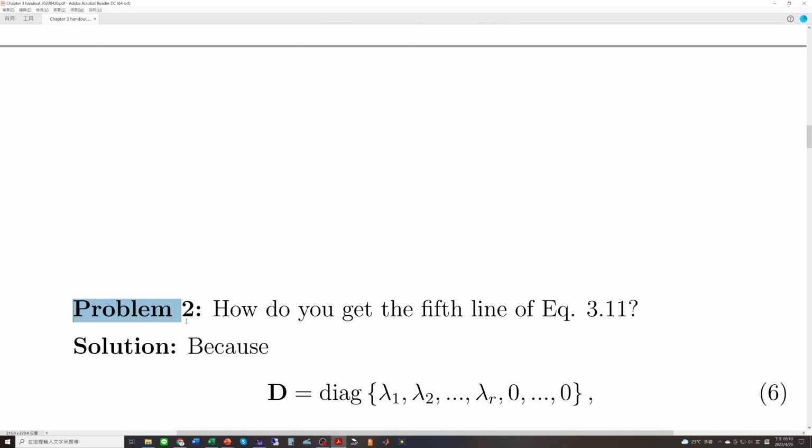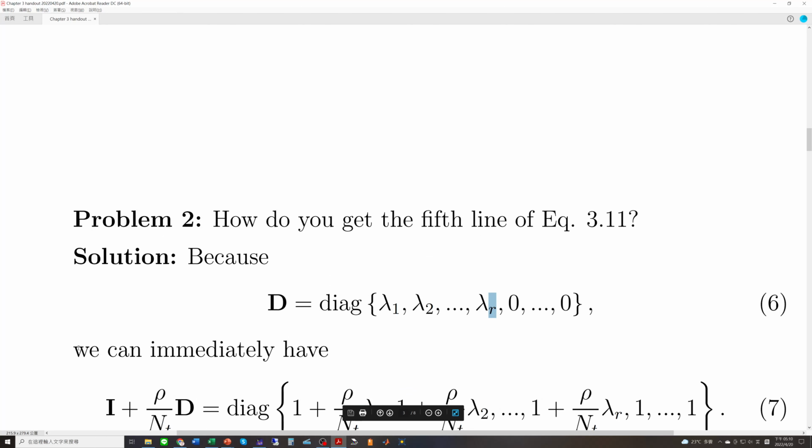Problem 2: how do you get the fifth line of equation 3.11? Solution: D is a diagonal matrix with diagonal elements lambda 1, lambda 2 to lambda r, and some zeros. The number of zeros here is equal to nr minus r.